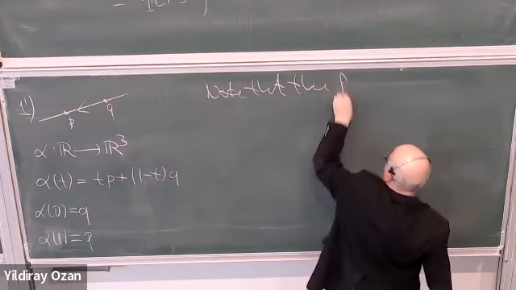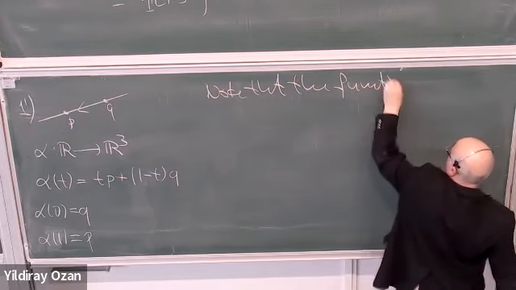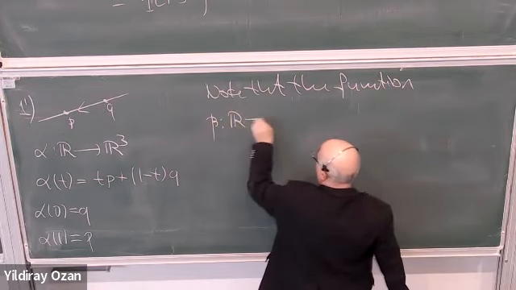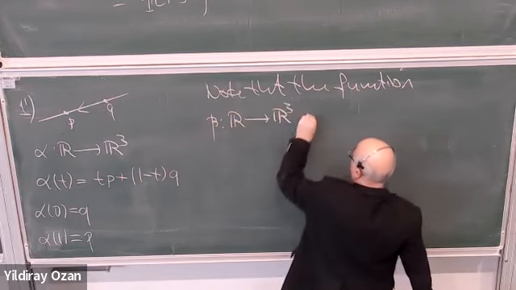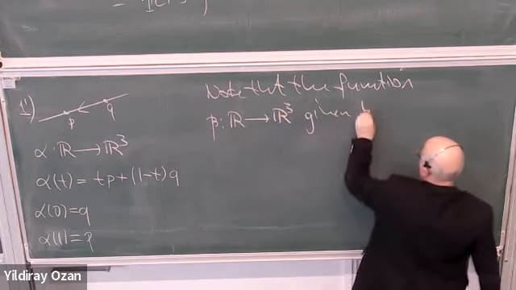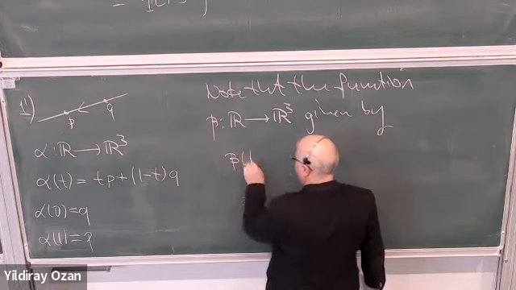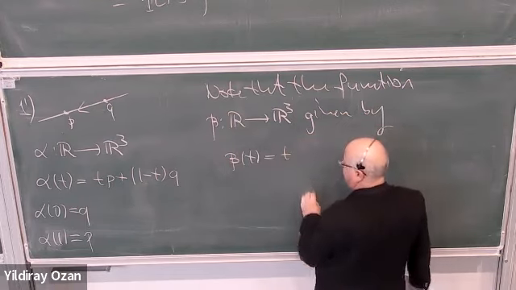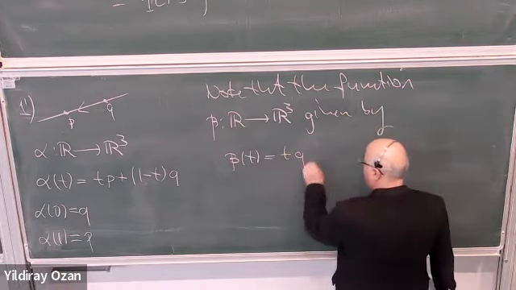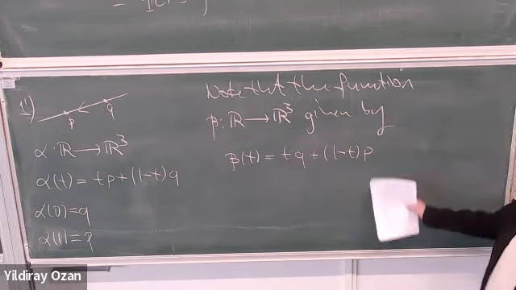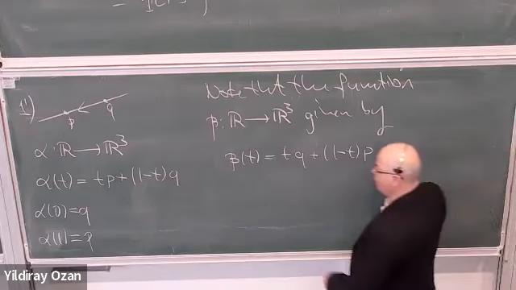But note that the function beta from R into R3 given by beta of t equals t Q plus (1 minus t) P has the same image.